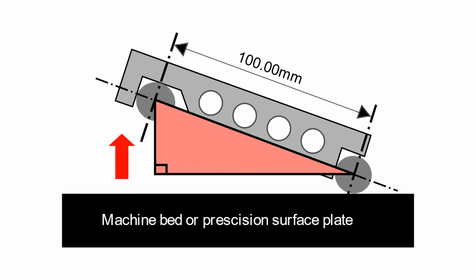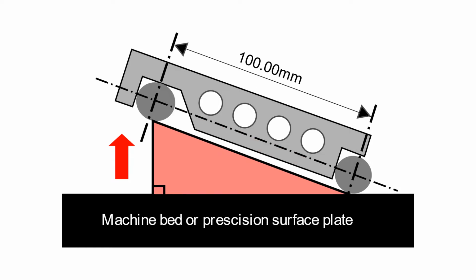If you remember in our Triangles in Engineering lecture, or if you're already familiar with Pythagoras and trigonometry, the hypotenuse is always directly opposite the 90-degree corner or angle. We can see the configuration here. Even if we place the triangle on the surface plate or the machine bed, the angle and the distances still stay the same.